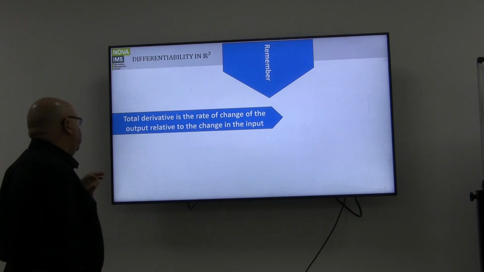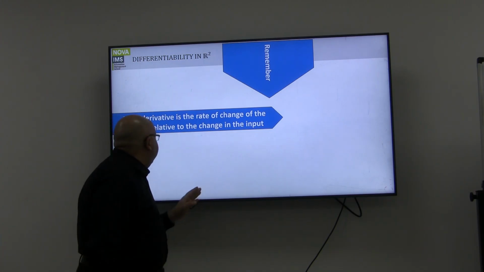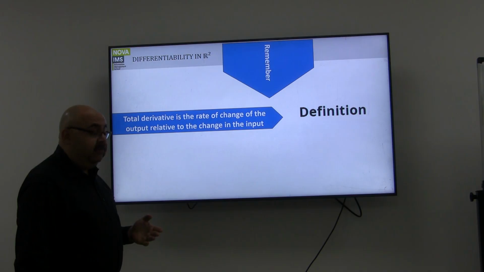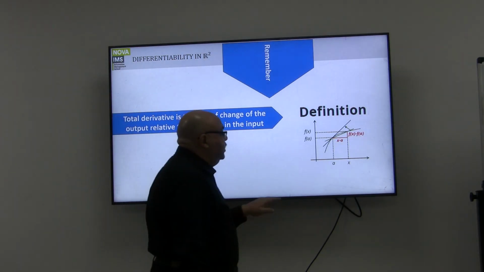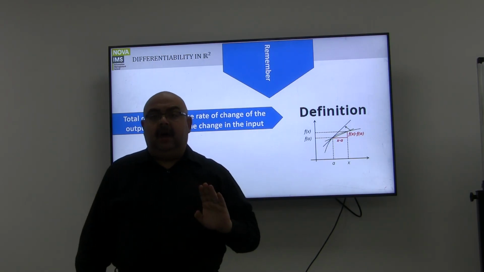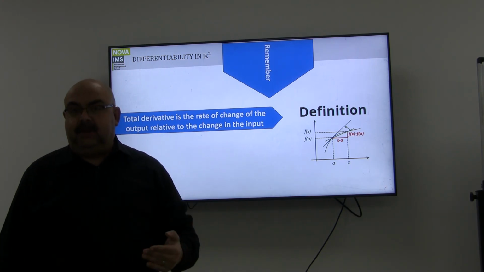Mainly, I want you to remember that the total derivative is the rate of change of the output of a function relative to the change in the input. We did go through this previously, but I would like to take it as an introduction for what's going to happen in R2.